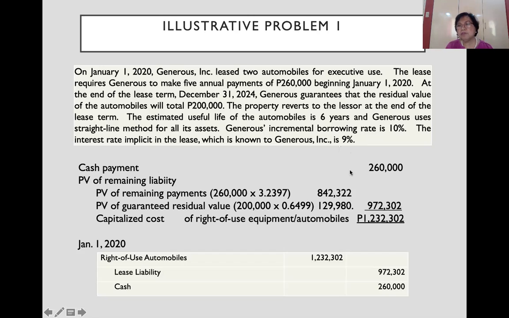So we have cash payment of 260,000. That is an immediate payment at inception. Then there are 4 more periodic payments of 260,000. Therefore, this 260,000 will have to be discounted using an implicit rate of 9%. These are 4 more future periodic payments.